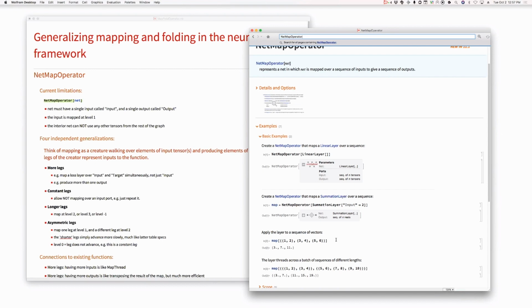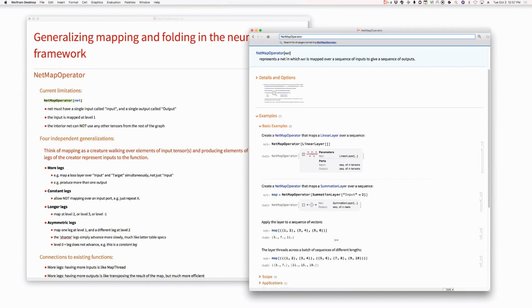Okay, so let's just try to understand what this is doing. So it threads across a batch of sequences of different lengths. So if I put, okay, apply the sequence to a sequence of vectors.